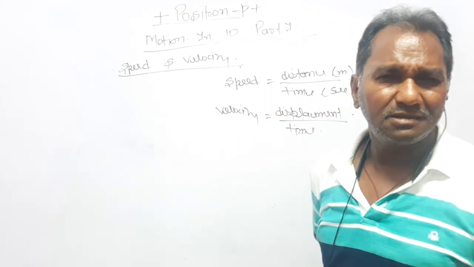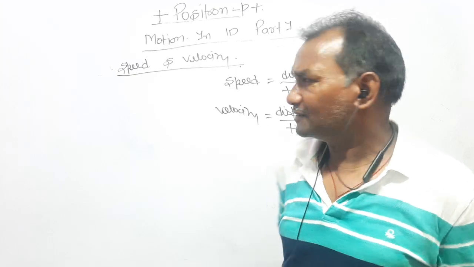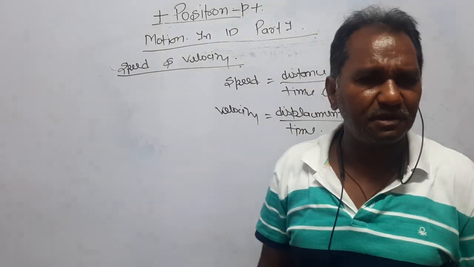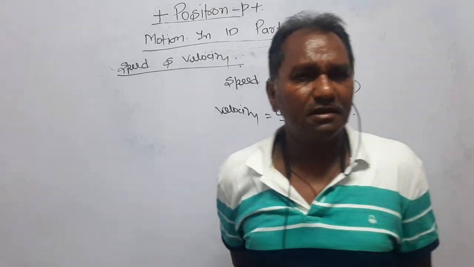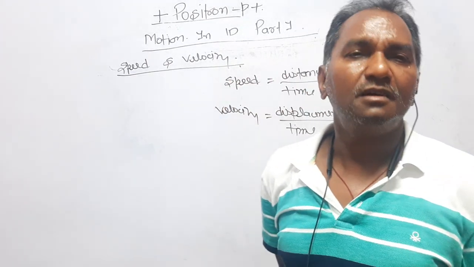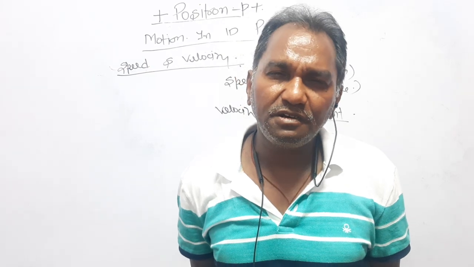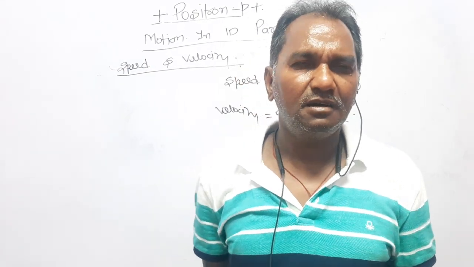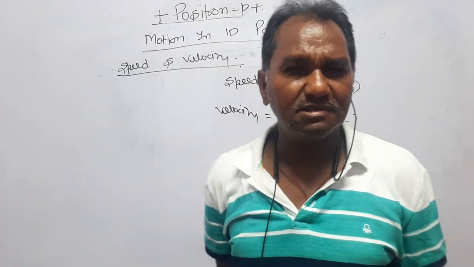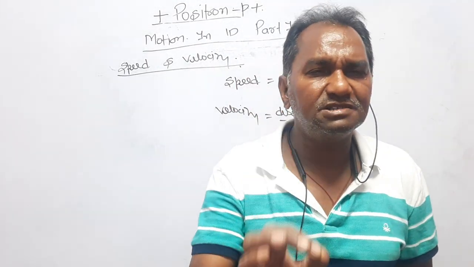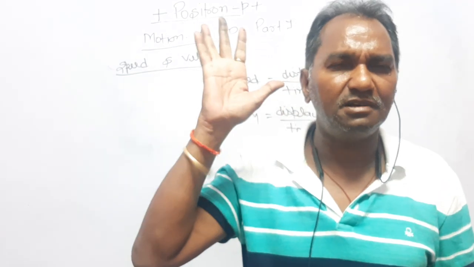The conclusion was that displacement can never exceed the distance, and velocity is derived from displacement, meaning velocity can never exceed the speed. In a similar way, you can say that velocity can never exceed the speed.